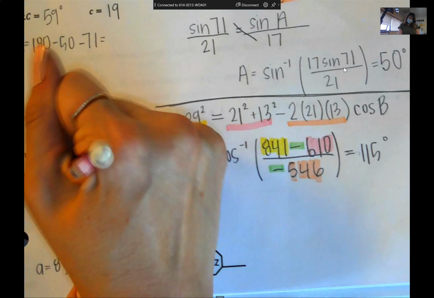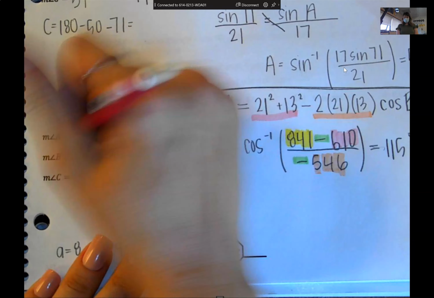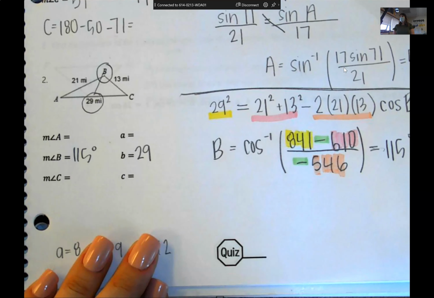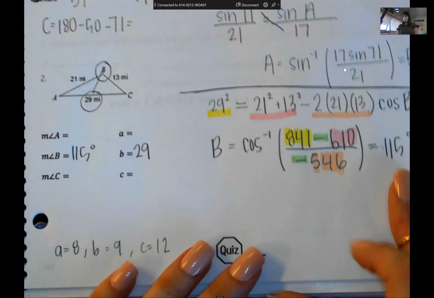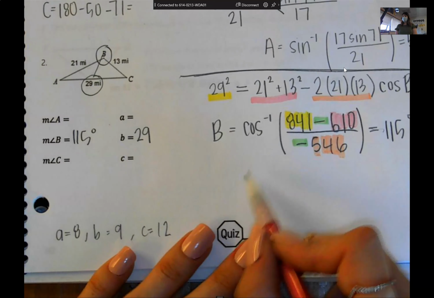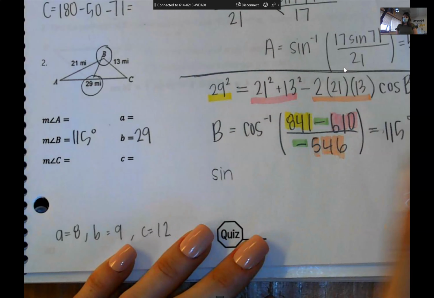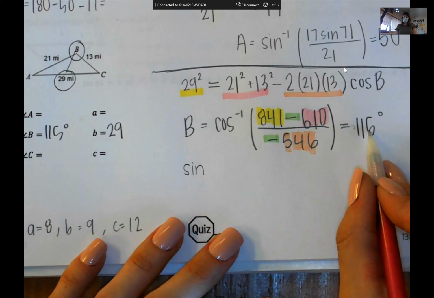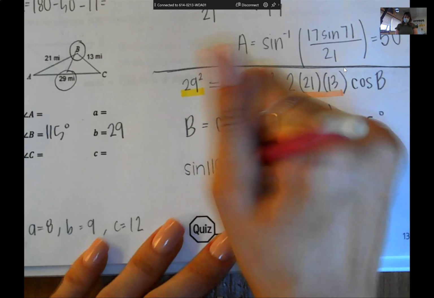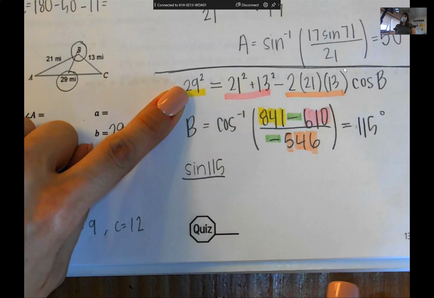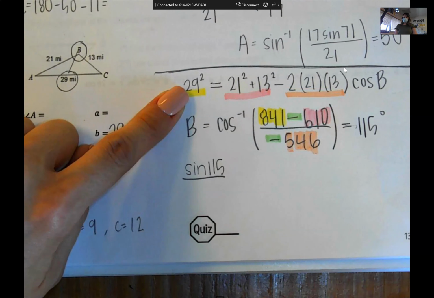So I know angle B now. I'm going to use that with side B, which was 29, to find the smallest side. So I'm now going to switch to sine. The sine of the angle that you just found, 115, over the very first thing that you wrote down to solve the problem, 29.